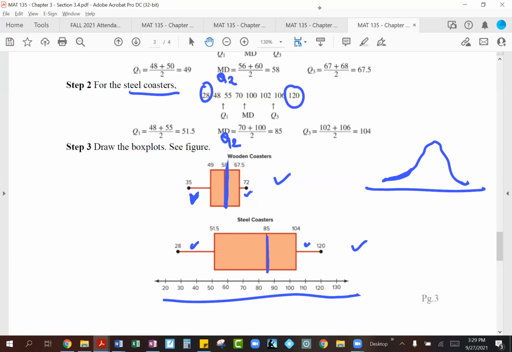Whereas with the steel roller coasters, if you had to do a curve, you would have the higher part on the right-hand side, but then more of a tail going on the left. So the wooden roller coasters will be somewhat symmetric, but with just a little hint of negative skew because of that longer whisker on the left-hand side. But the steel roller coaster is definitely negatively skewed.